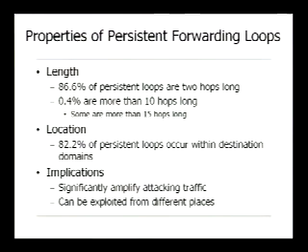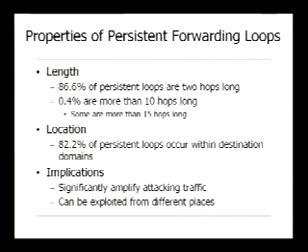And also we look at the location where these persistent loops happen. We found that when we do traceroute to the destination domain, about 82% of forwarding loops happen within the destination domain.